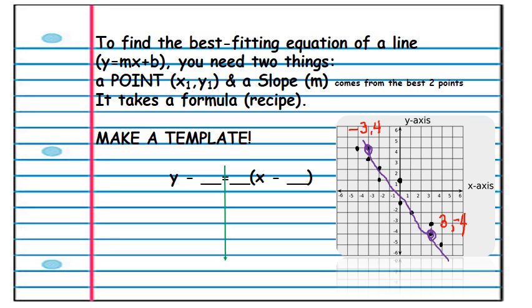And so first we have to find our slope. Make a template. I'm going to go from left to right here. So difference of the y's over the difference of the x's. I have a 4 and a -4, and I have a -3 and a +3.